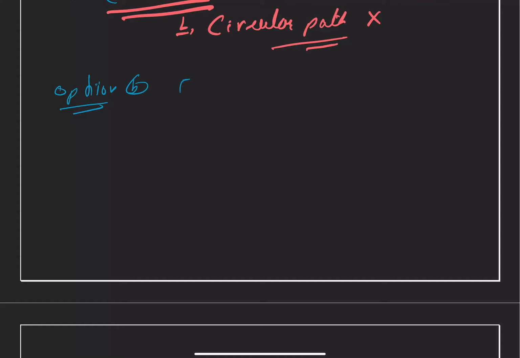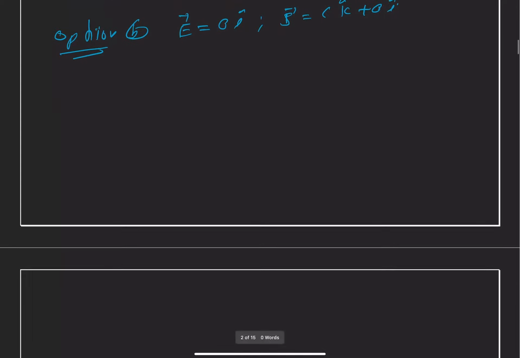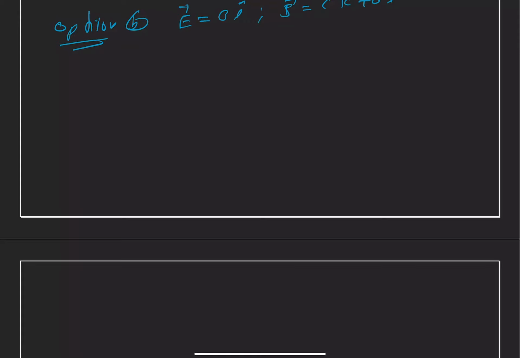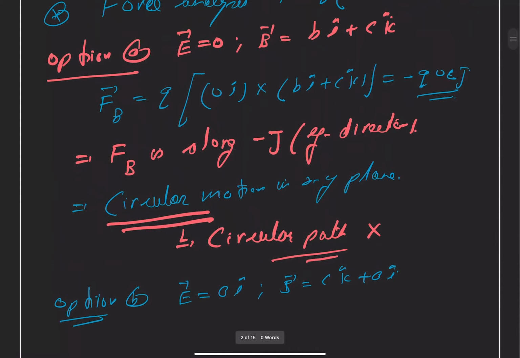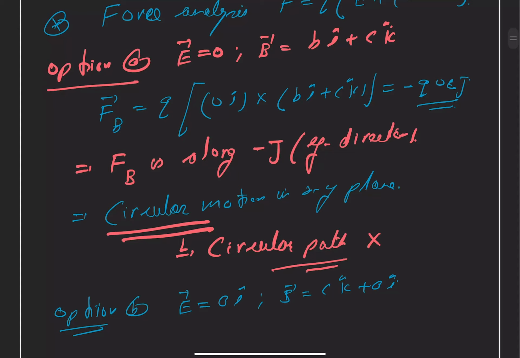It says that our electric field is equal to Ai and our magnetic field is Ck plus Ai. Here I forgot to mention that the electric force is equal to 0 in option A because the electric field is 0.